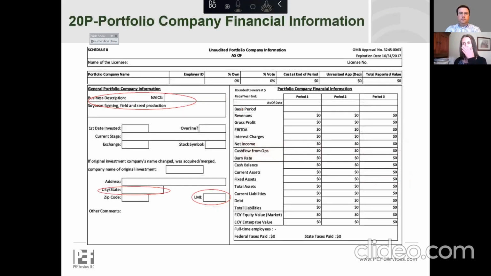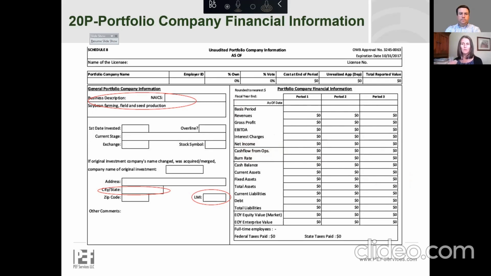The next page I wanted to look at was the portfolio company financial information. Some funds do this a little bit differently, but this form should have the most recent 3 quarterly periods reported on a trailing 12-month basis. And there are certain data points that are required. If it's an equity security, there are some additional data points.